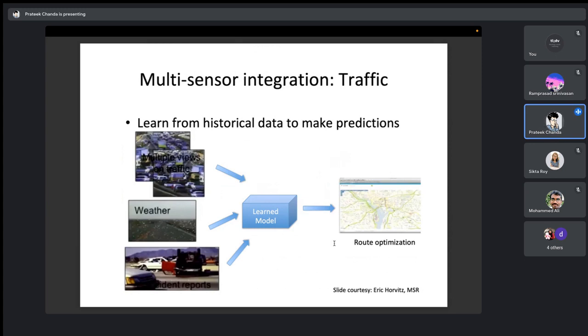Those kinds of information you get from different modalities of data, and you train your model and learn, let's say, the shortest path that also has very little congestion, and takes other factors into account.